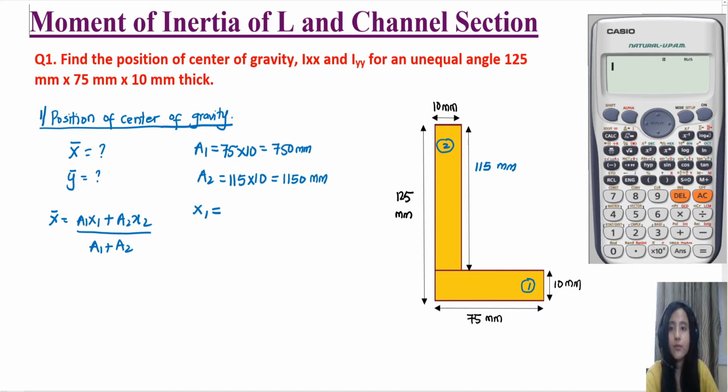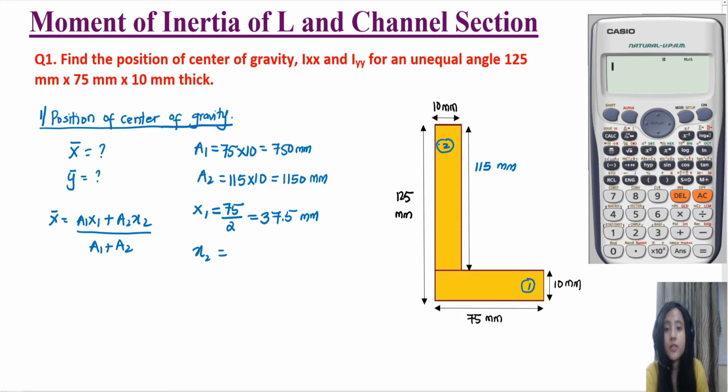So for my x1, what do I get? x1 for this base section, which is half of this base, will be equal to 75 divided by 2. It will be equal to 37.5 mm, right? Now my x2 similarly: x2 will not be dependent on x1 of section 1.